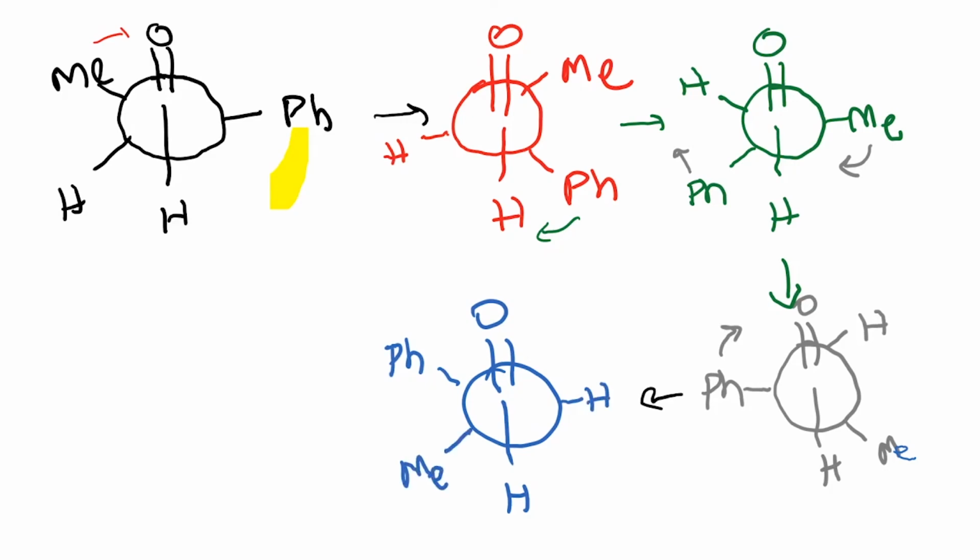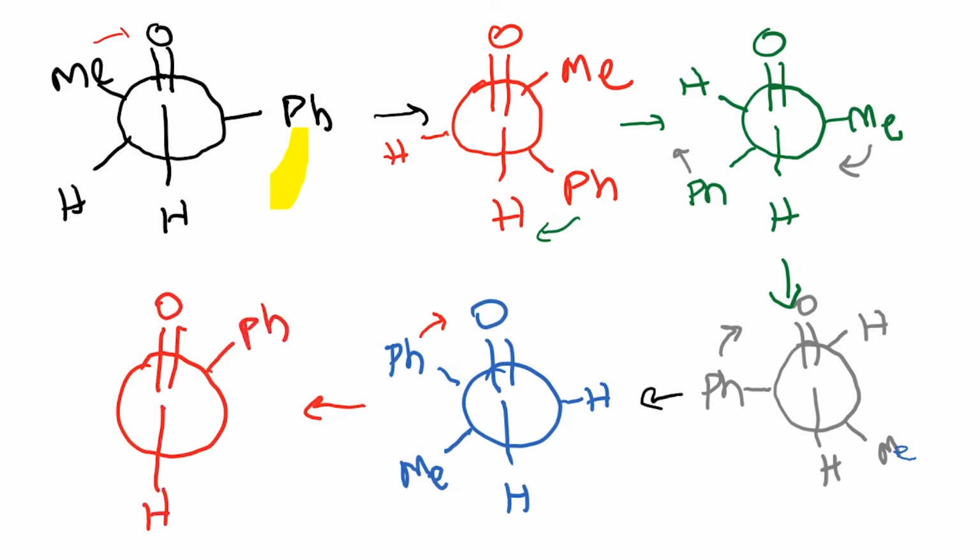Okay, and the last conformation is with the phenyl ring moving further, doing one more round of rotation, and it's going to give you the C double bond O, H, okay, and so the phenyl ends up here, the hydrogen is over here, and methyl is now perpendicular.